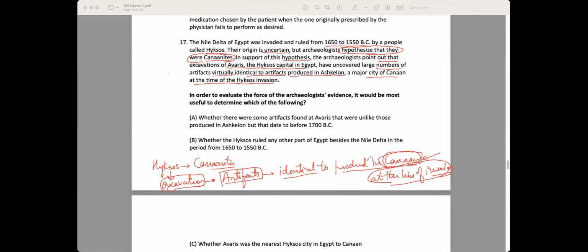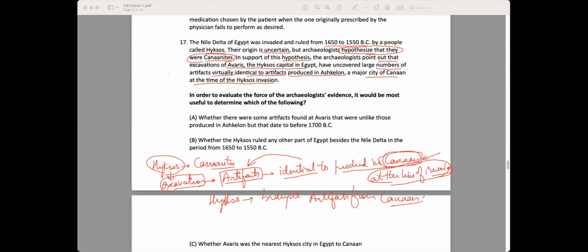Okay, so the inherent argument is that Hyksos people must have brought those artifacts from Canaan.